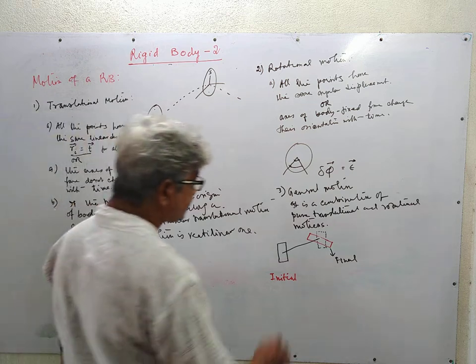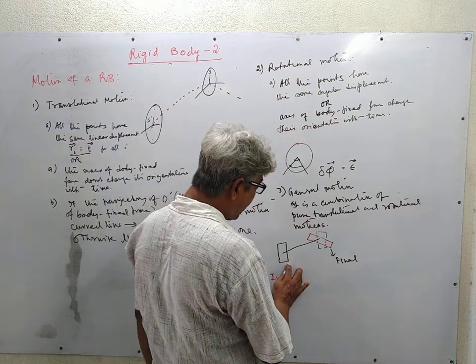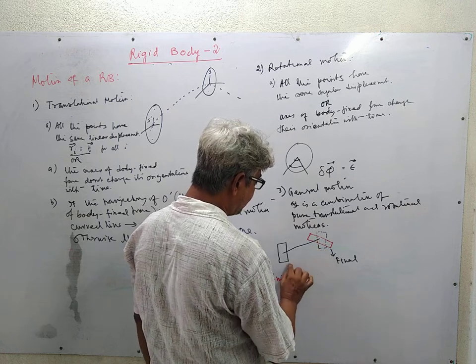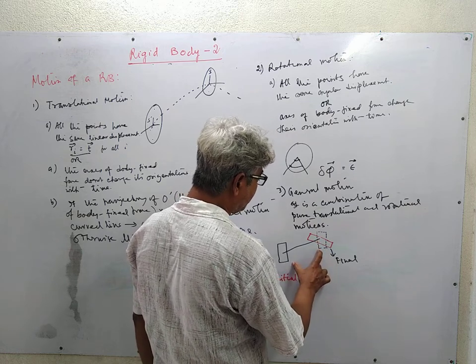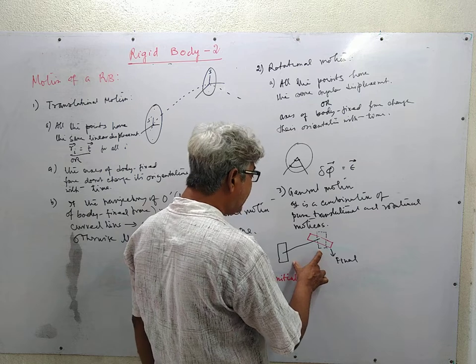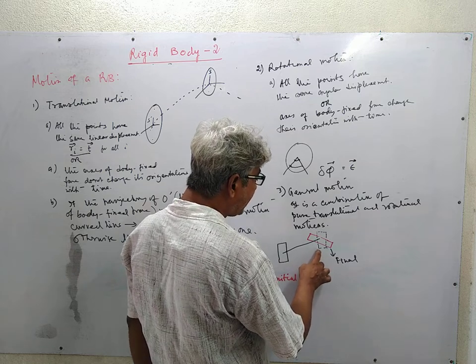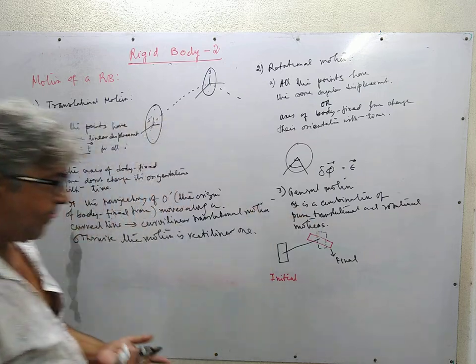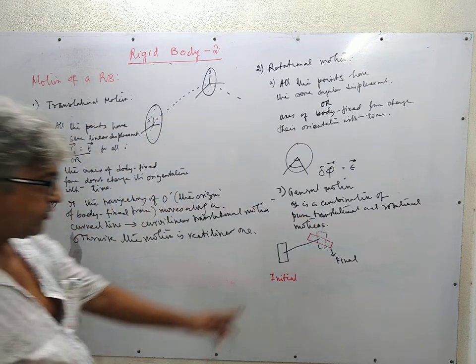Say this point is fixed. So we take this point from here to there. So this is the translation which takes us from here to there, and then we rotate this. We find out this position. We come to this point.